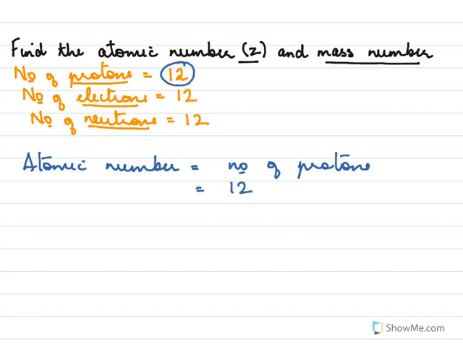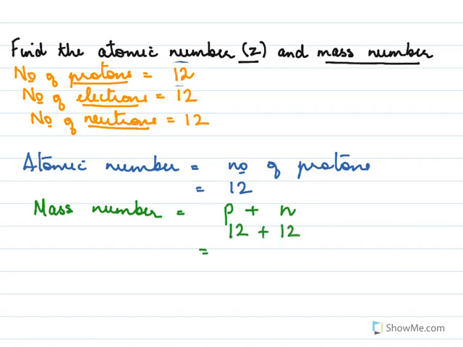So I write the atomic number as 12. Now when we want mass number, mass number is protons plus neutrons. So we know protons is 12, neutrons is 12, so mass number will be 24.